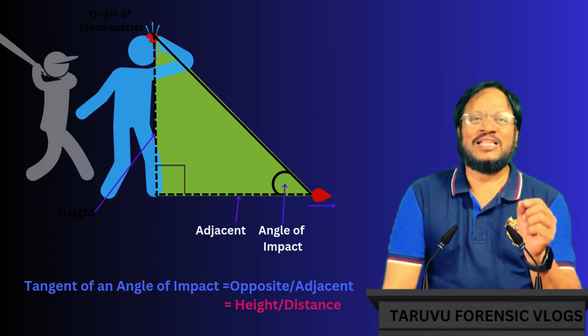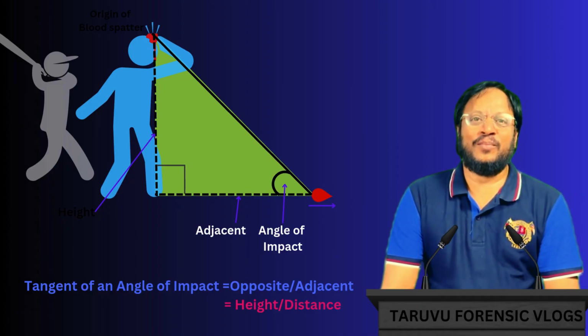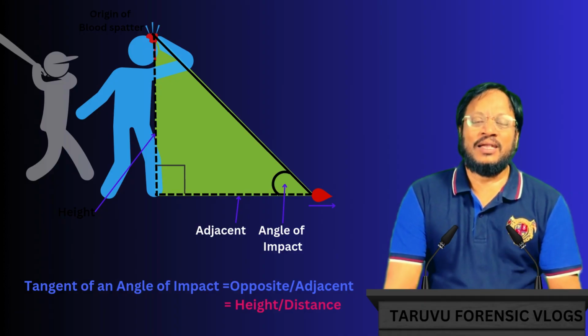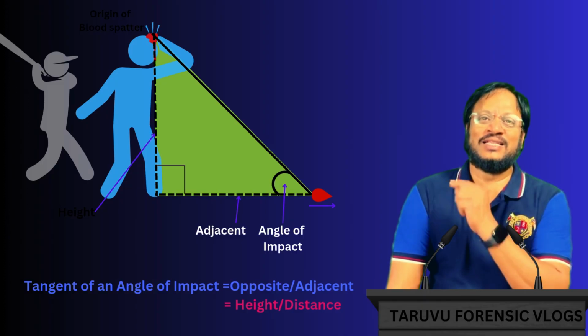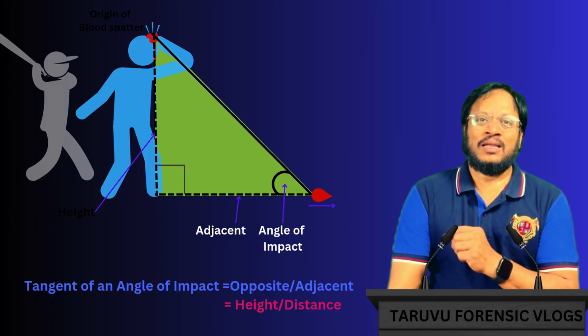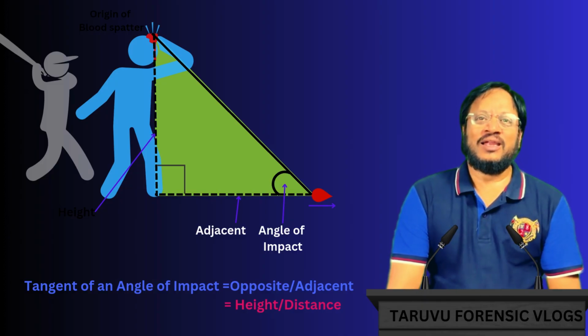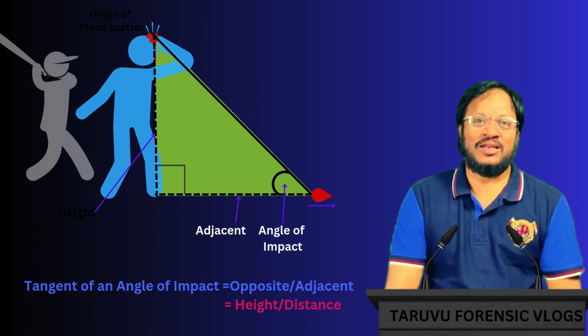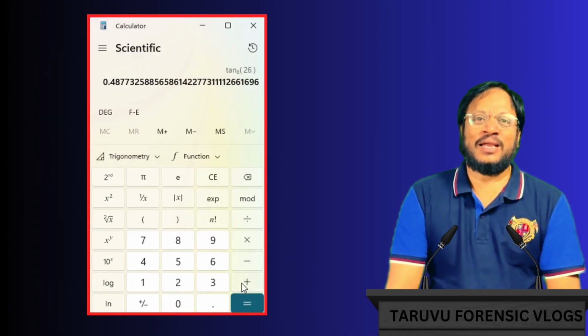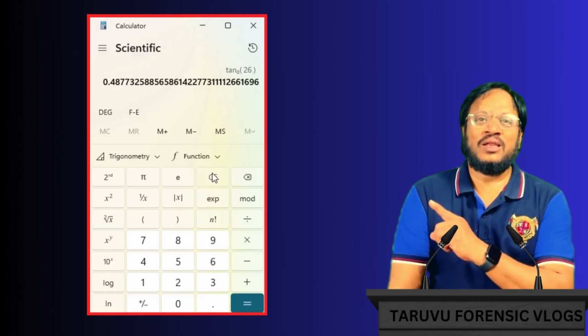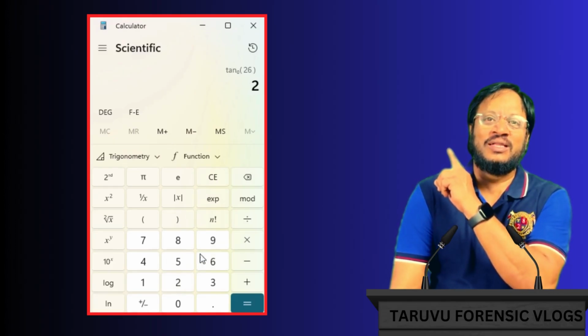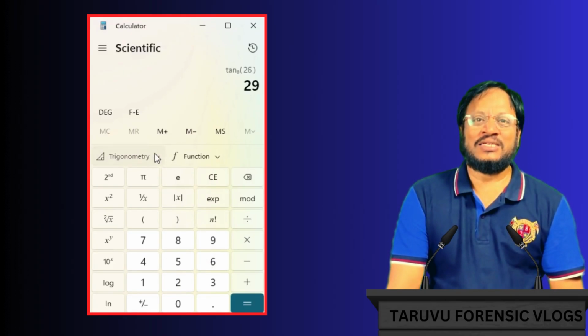Calculating the tangent of the angle of impact. Here you can see in this calculator, I'm showing how to calculate the tangent. Now we calculate the tangent of each angle of impact. For stain 1, where the angle is 25 degrees, we'll find the tangent.